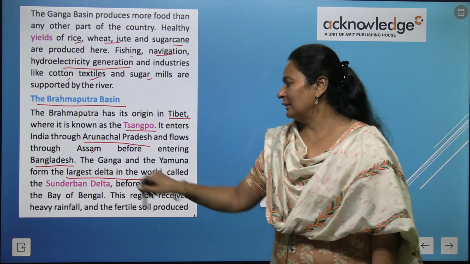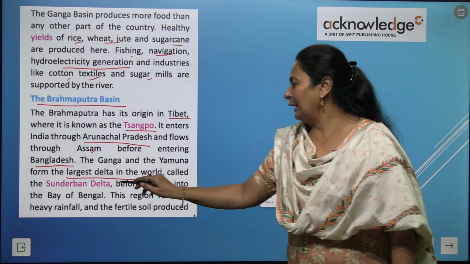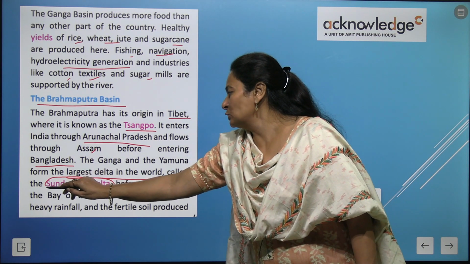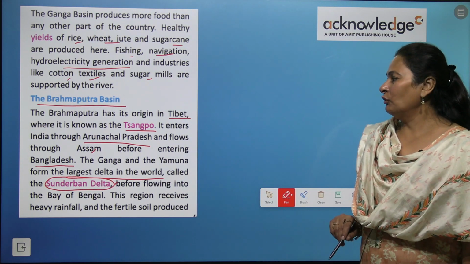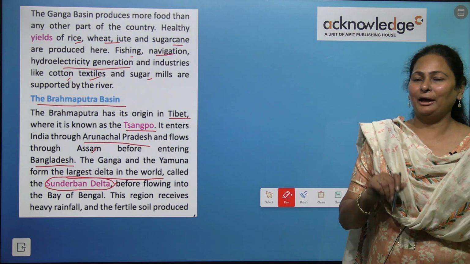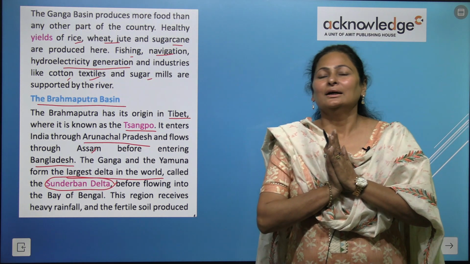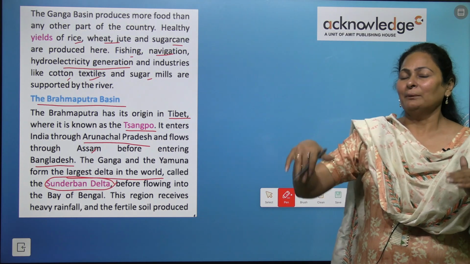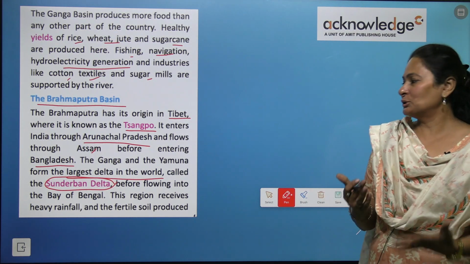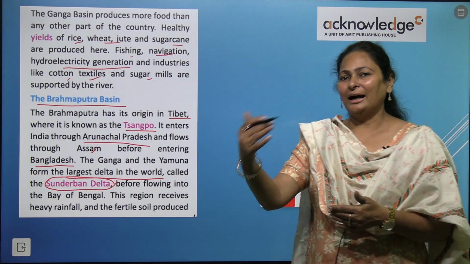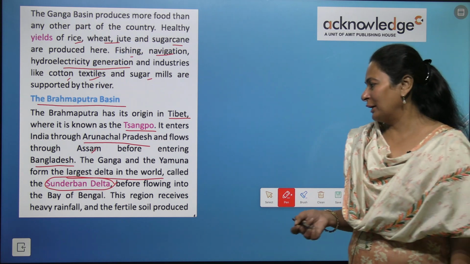So Ganga and Yamuna form the largest delta in the world, and the name of this delta is Sundarban Delta, right? Before flowing into the Bay of Bengal, you can see it is the mouth of the river. So the name of the Ganga and Yamuna Delta is Sundarban, and after that it drains into the Bay of Bengal.